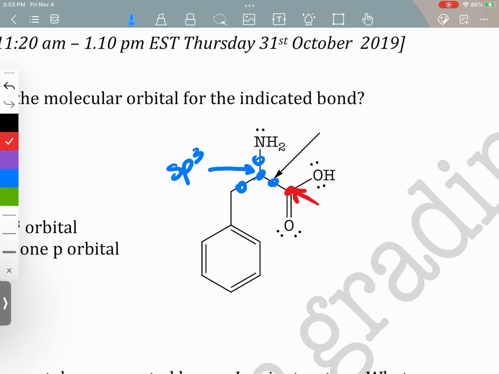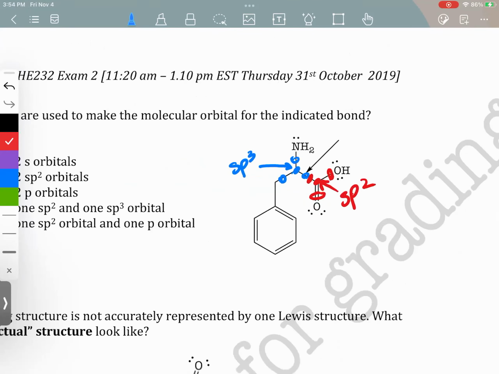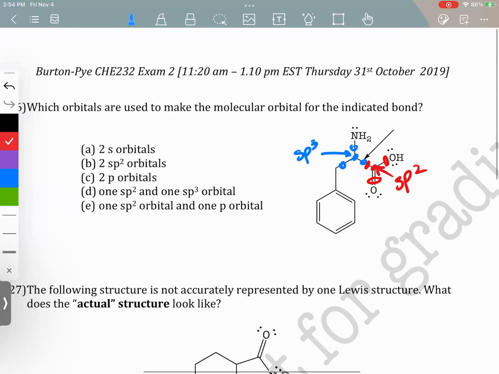Only 3 electron environments: 1 from the double bond, 1 from the sigma here, the other one from the sigma. So sp2. Which of these answer choices matches the hybridization of the carbon orbitals making up that sigma bond? It'll be D. Exactly. 1 sp2 and 1 sp3 orbital.